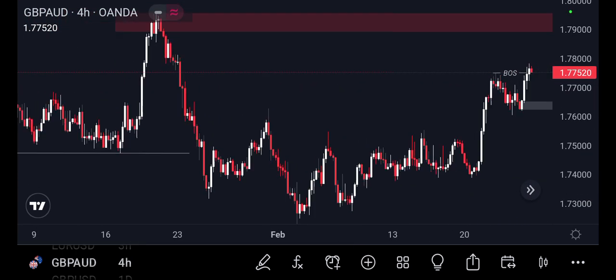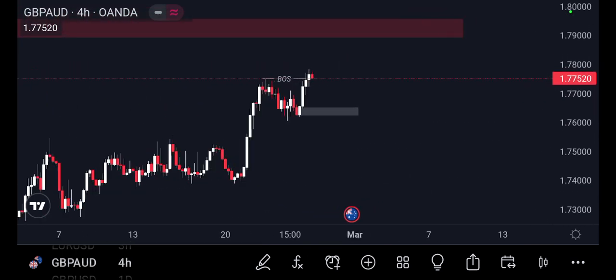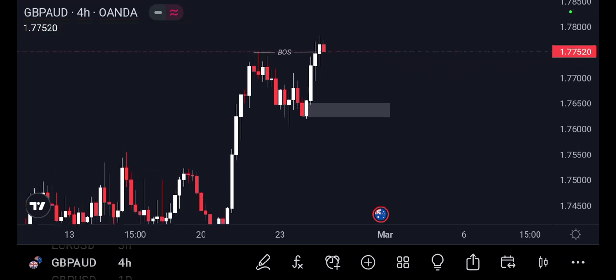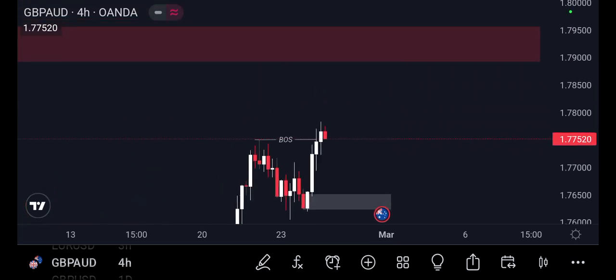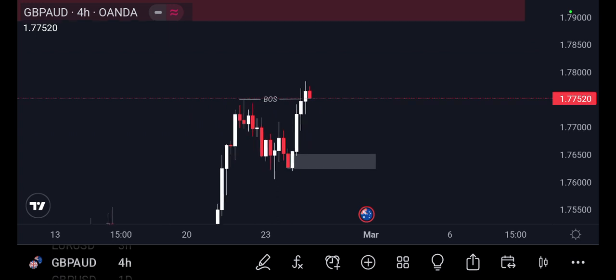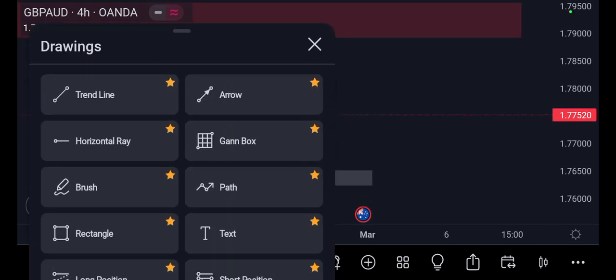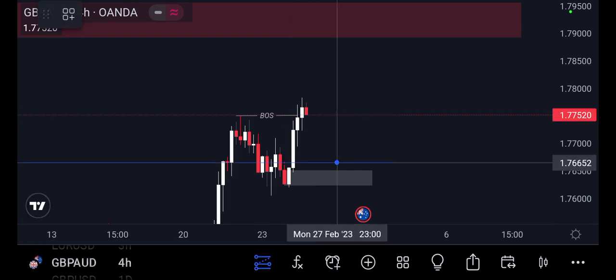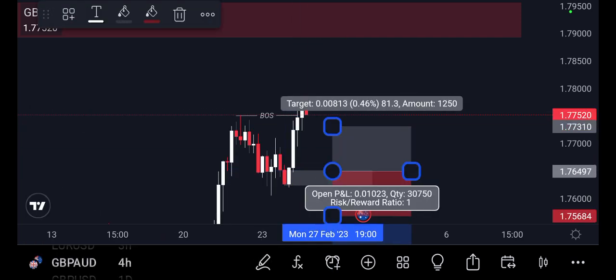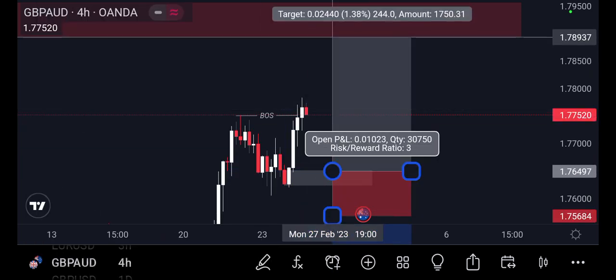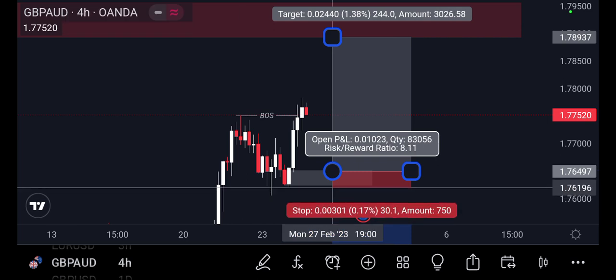So the top-down analysis is just to know your safe exit points if you're analyzing from the higher time frame. So from here, this break of structure, and I want to take a buy, I can buy from this zone up to this zone because we're in an uptrend.